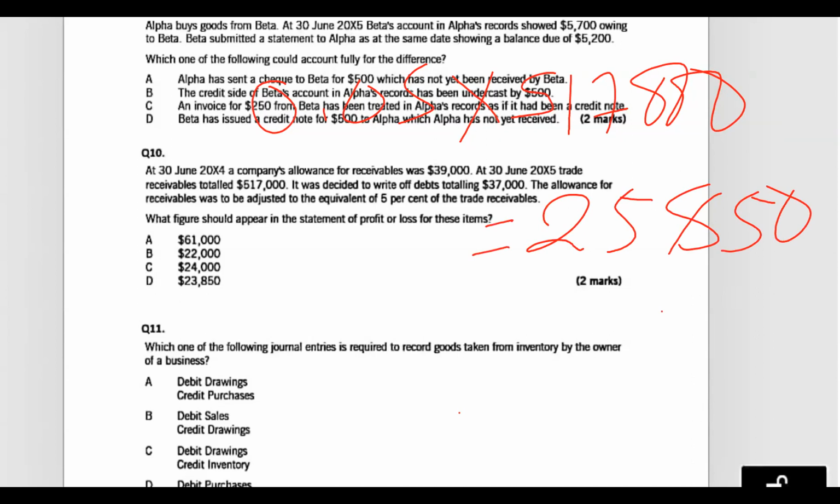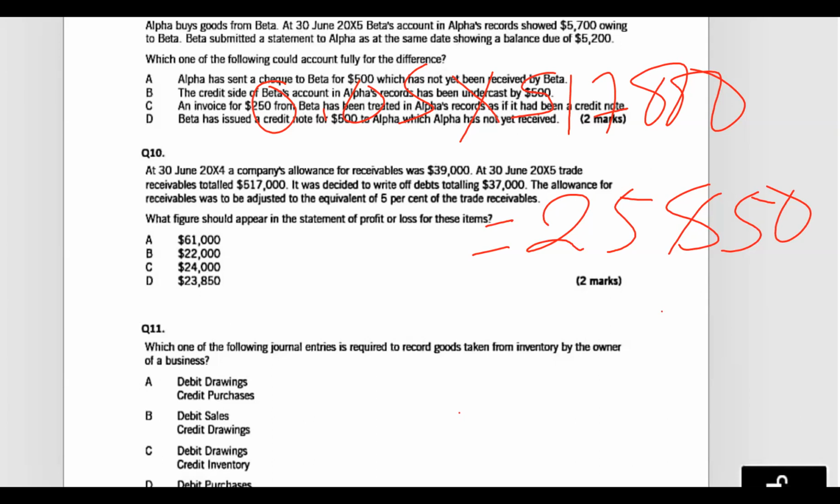Now this answer must be subtracted by, because we are writing off from the $39,000, we are just writing off 37. So that means there is 2,000 remaining, which must be subtracted from the 25,850. Then that's the final answer.